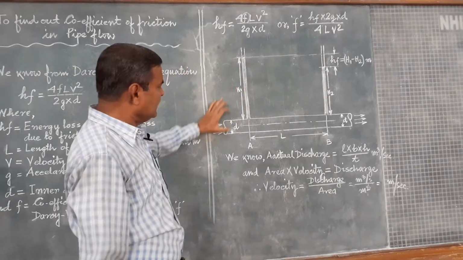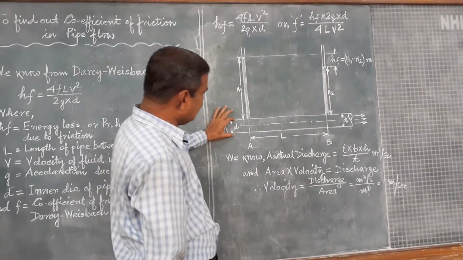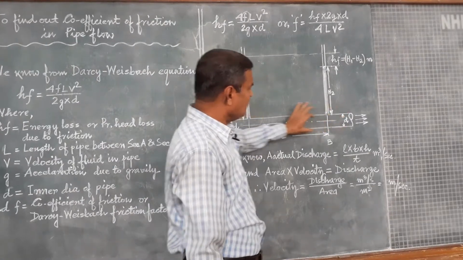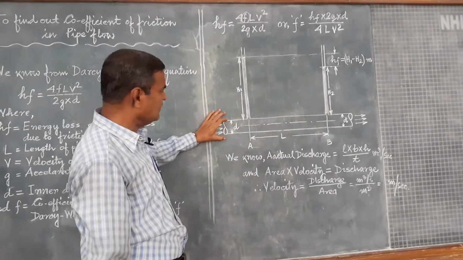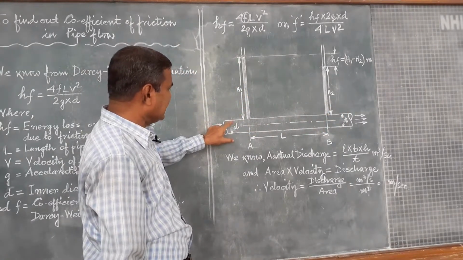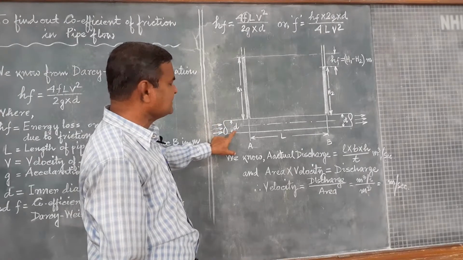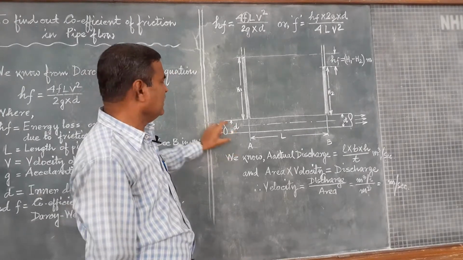Assume this is a pipeline, situated horizontally, and the diameter of the pipe is d.